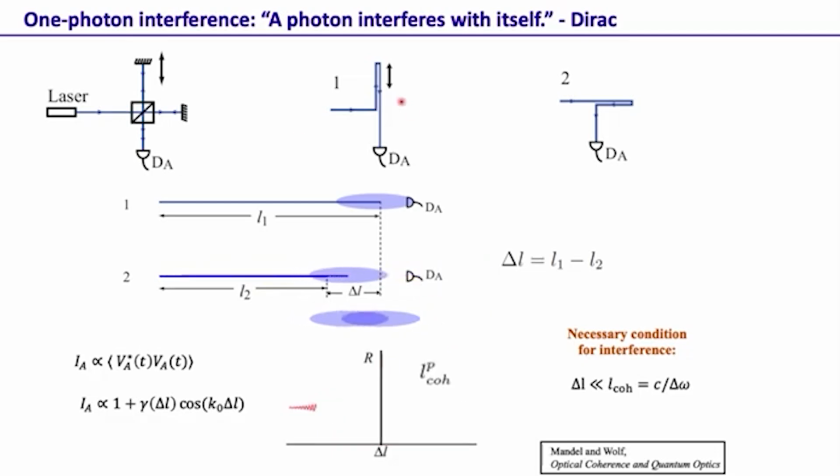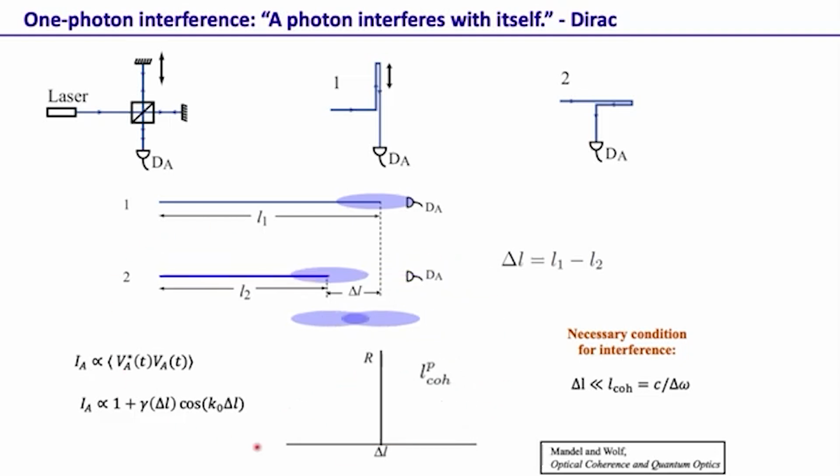As we increase, for example, this mirror, that increases delta L, and the overlap between the coherence packets in the two alternatives changes. When delta L is 0, the overlap is perfect and we see maximum visibility fringes. When the overlap is minimum, we see interference with much lesser visibility, and of course the interference goes away within this length scale, which is the coherence length of the field.